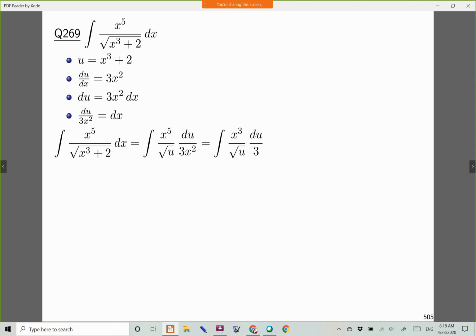So I did some substitutions, canceled an x squared on top and bottom. I was left with this uncancelled x cubed on top.